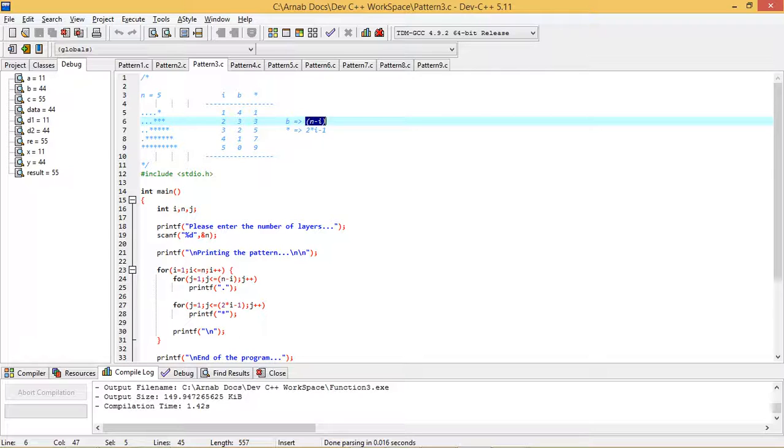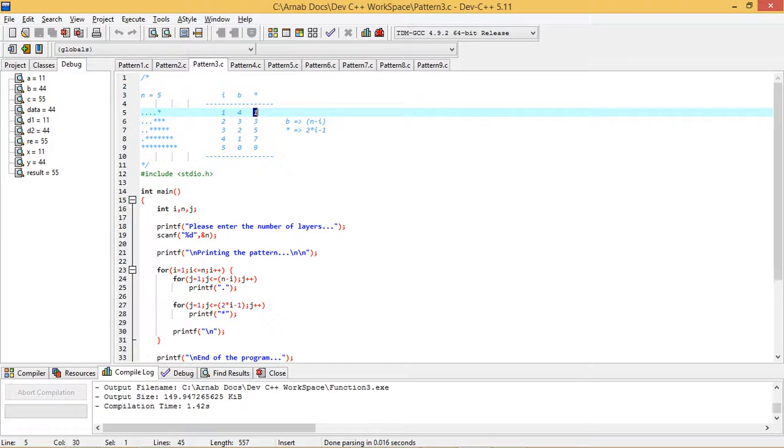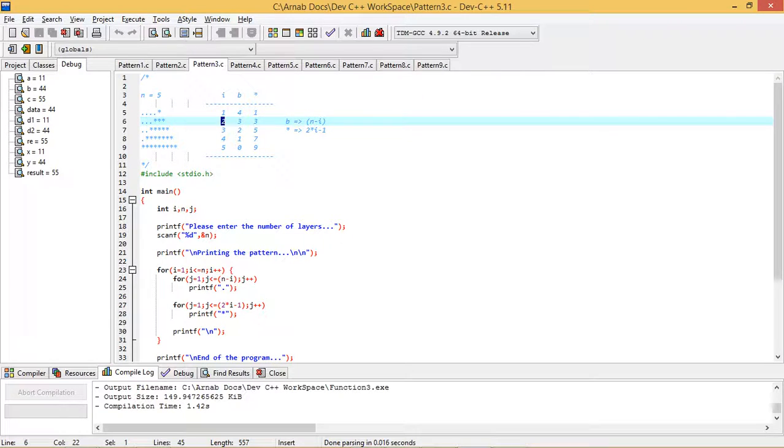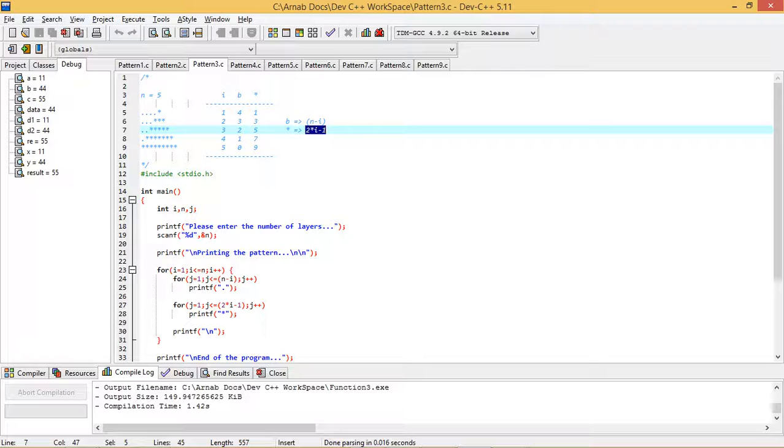You see, 2 into 1, that is 2, minus 1, that is 1. 2 into 2, that is 4, minus 1, that is 3. 2 into 4, that is 8, minus 1, that is 7. 2 into 5, that is 10, minus 1, that is 9. So in this way I get the formula, that is 2 into I minus 1. So blank will have the formula n minus I, and for star counting the expression will be 2 into I minus 1.